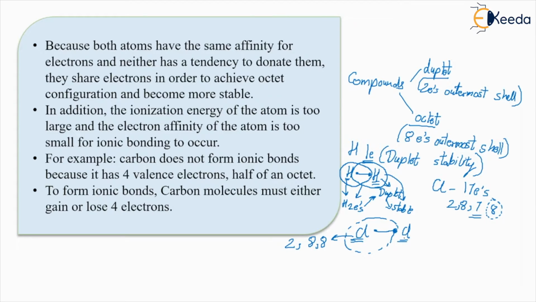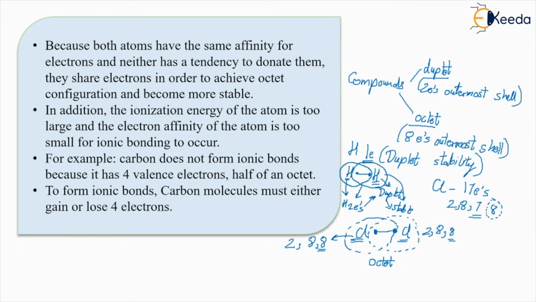And for this particular chlorine, we'll consider this one as well. So this also becomes 2, 8, 8. 8 in the outermost shell states that it's a complete octet. That means chlorine is stable now.